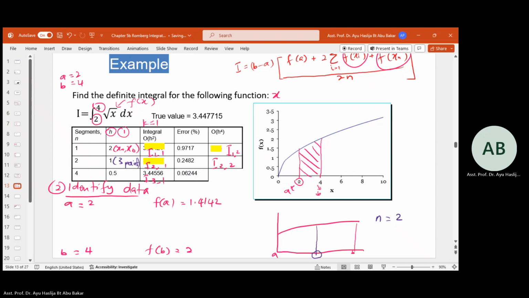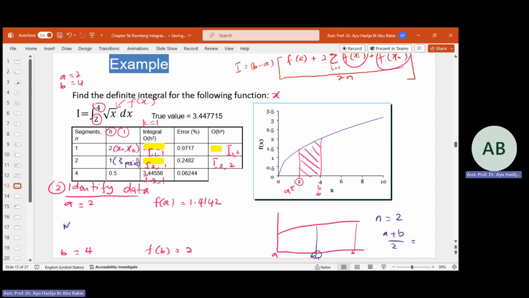Okay, how to find this middle point? A plus B divided by 2. Okay, correct? What do you get? That point. 3. Yes, 3. So this one, I'm using the same label as in the textbook where it uses M1, midpoint number 1.